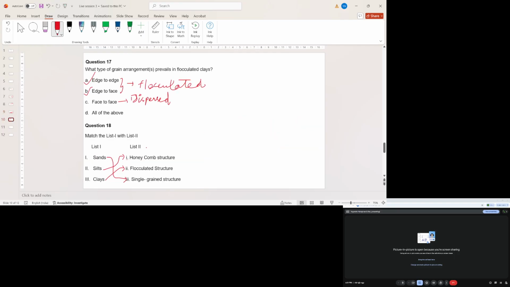All right. Coming to question 18, match list 1 with list 2. List 1 shows the type of soils, and list 2 shows the type of structure in which these soils predominantly exist.